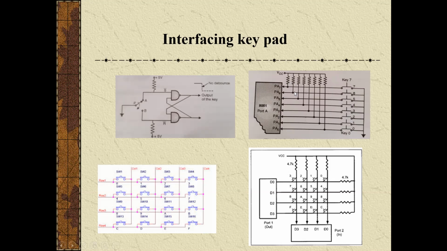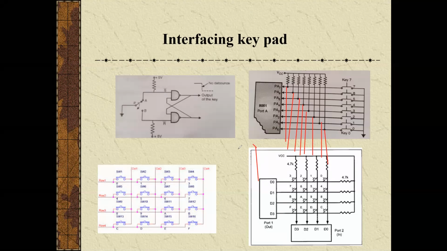We are connecting all these lines, for example, like this, to a single gate. So all these lines are connected to a single AND gate.